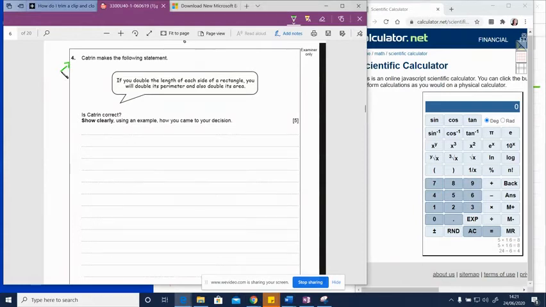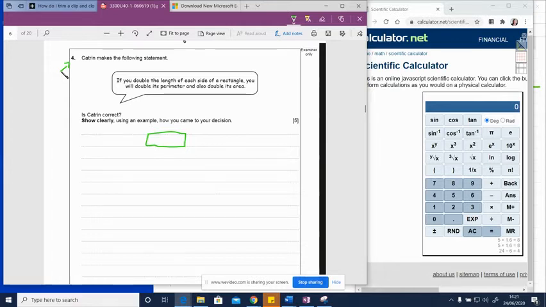Question 4. Katrin makes the following statement. If you double the length of each side of a rectangle, you will double its perimeter and also double its area. Is Katrin correct? Clearly use an example to show how you came to your decision. Okay, first thing I'm going to do is sketch a rectangle.